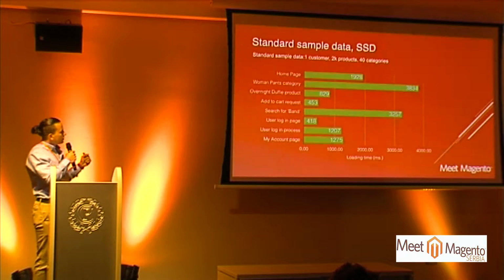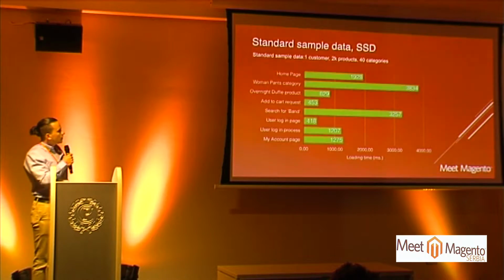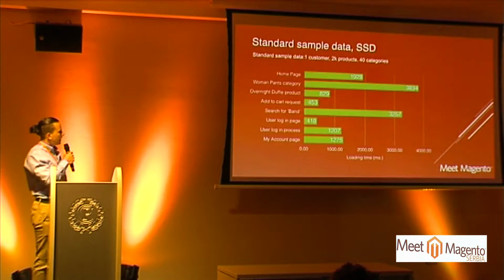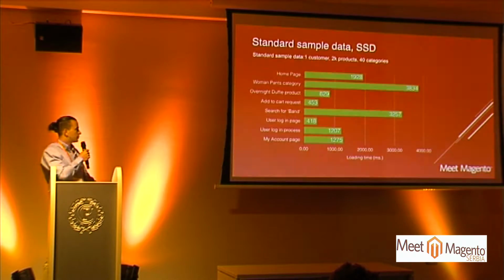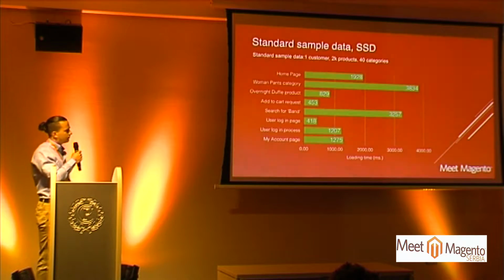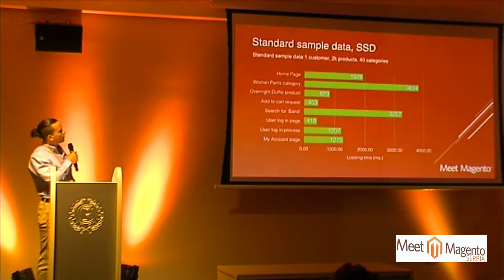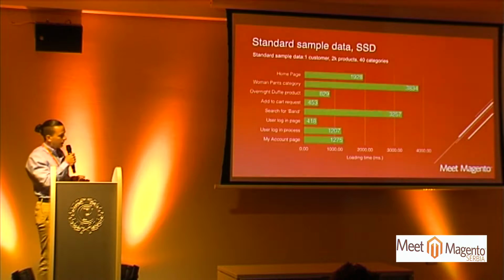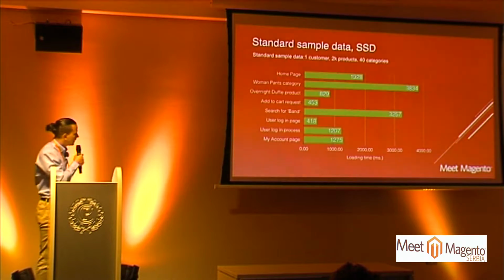As for the home page, it's also a little bit slow because, as you know, using standard sample data, we have a couple of products on the home page. It's featured products or so. And as for product page itself, it's quite fast. So as you can see, it's only at 100 milliseconds for 20 concurrent requests, and it's really impressive.